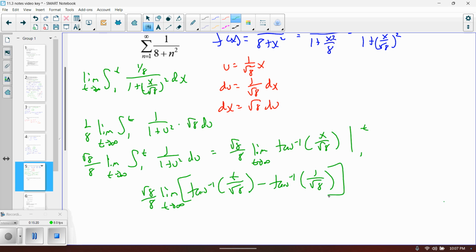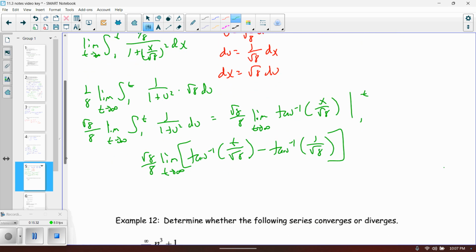Okay, and the important thing here is I don't really care what the inverse tangent of 1 over root 8 is. I just know that it's a finite number, which is good to know. I do, however, care what the inverse tangent of infinity is, because when I let t approach infinite values, inverse tangent is going to approach, which we've already talked about, pi halves.